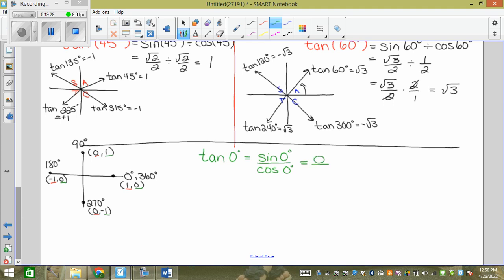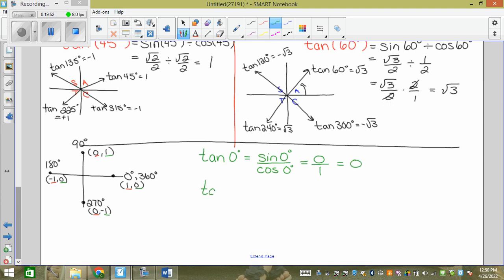Cos of 0 is 1. Can I have a 0 in my numerator? Yes. Can I have a 0 in my denominator? No. So if I go 0 divided by 1, which is what this means, how many times can 0 be divided by 1? 0 times. So that's why the answer is 0 when the 0 is in the numerator.